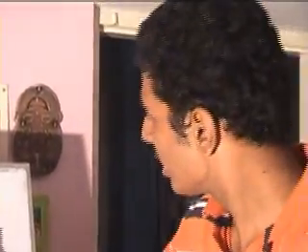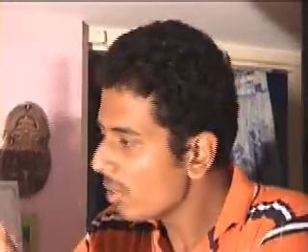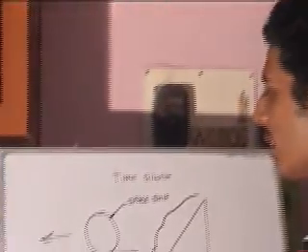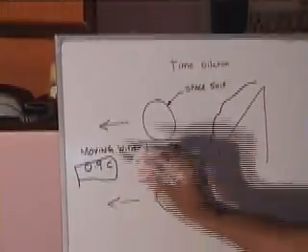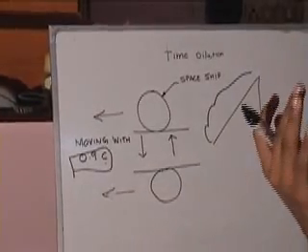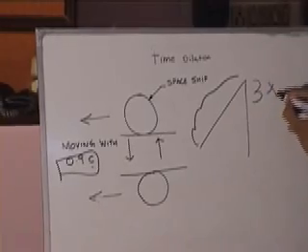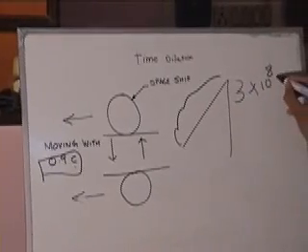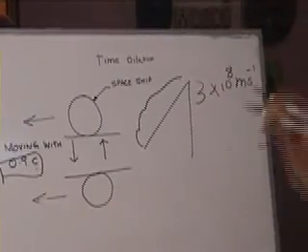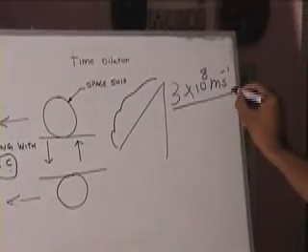He says that when an observer observes another spaceship traveling very close to the speed of light, 0.9 c. What is this? c is nothing but the speed of light, which is 3 multiplied by 10 power 8 meters per second. This is the speed of light.